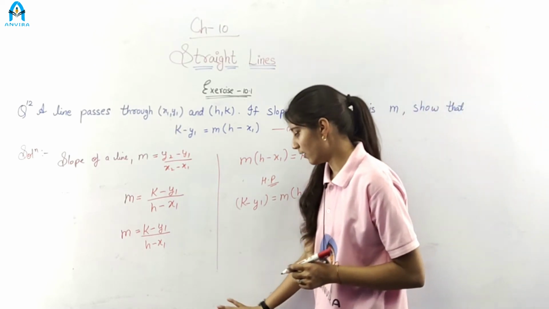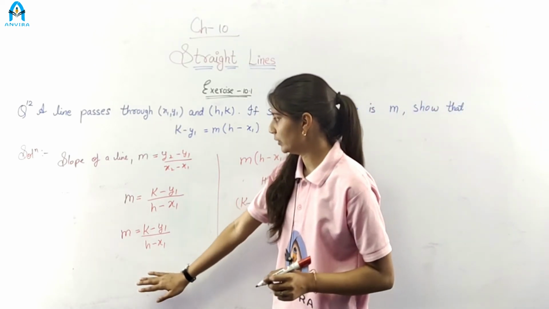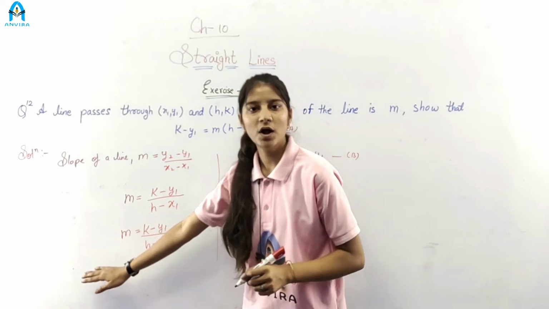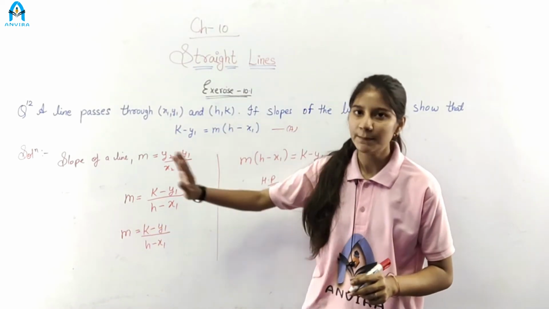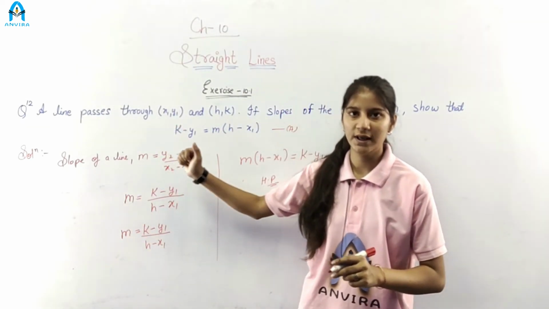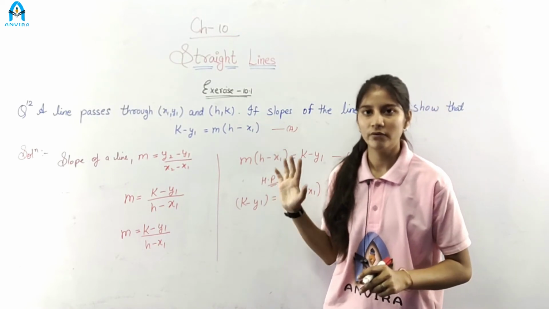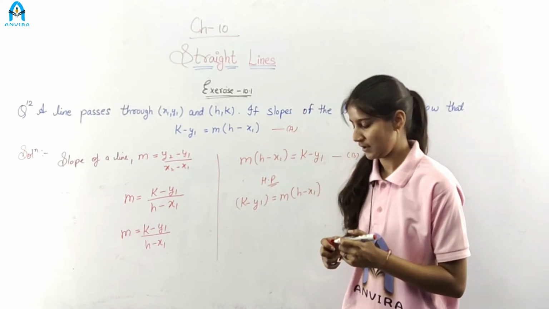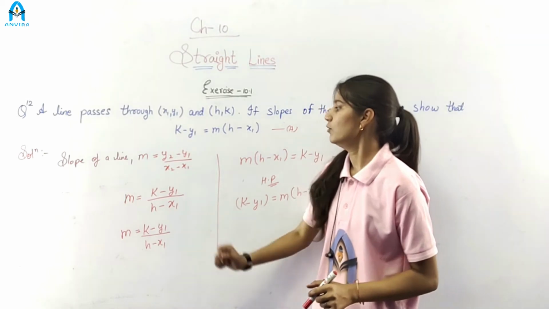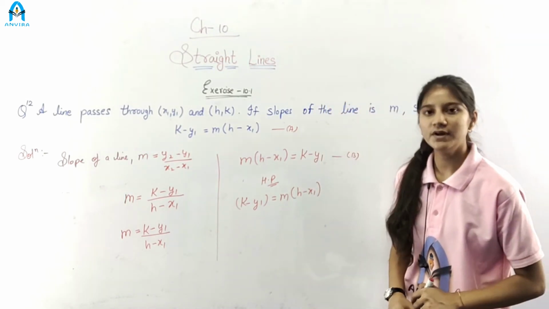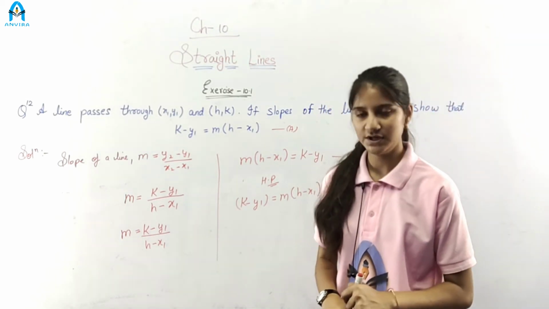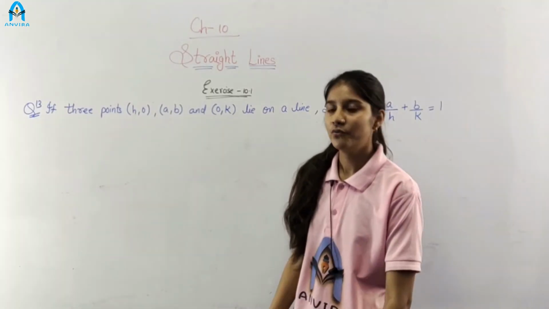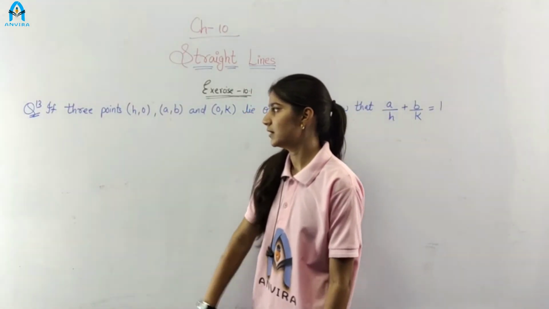So we only concluded using the formula of our slope, and after applying the formula of slope we get this condition. Now take a screenshot of this. We will discuss question number 13. Now we will discuss question number 13.